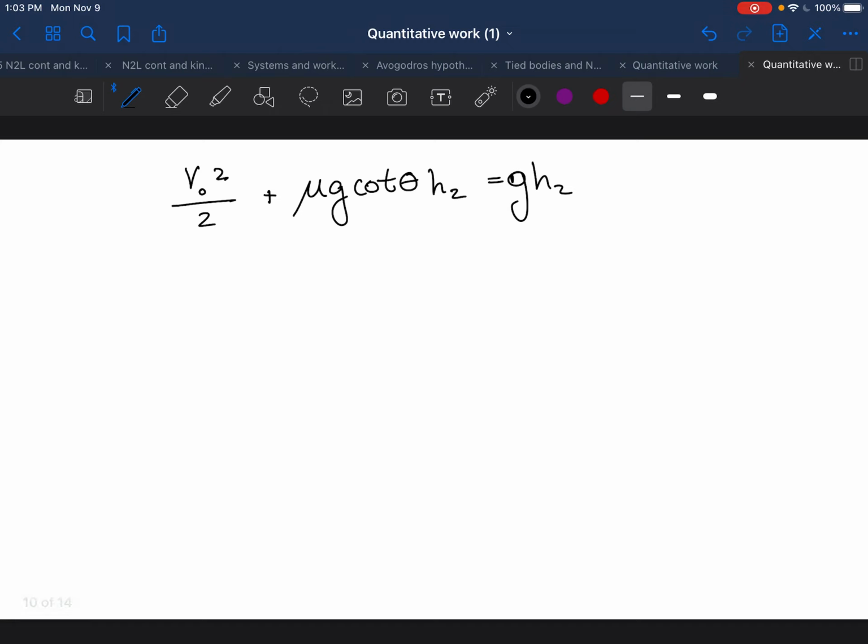So I'm going to get the mu g cotangent theta onto the other side. Okay, so let's see. Now I can factor out a g and an h.